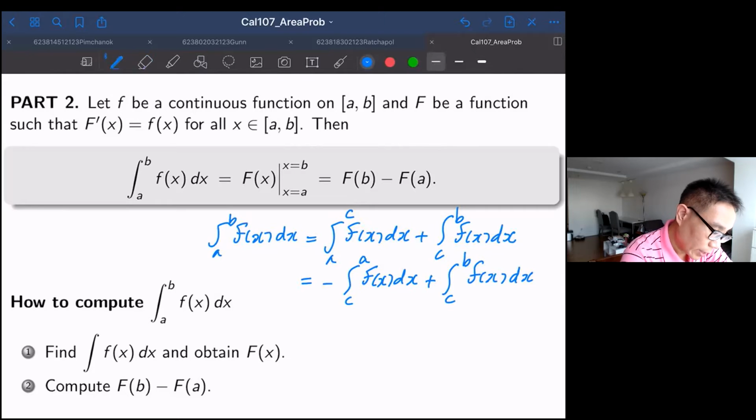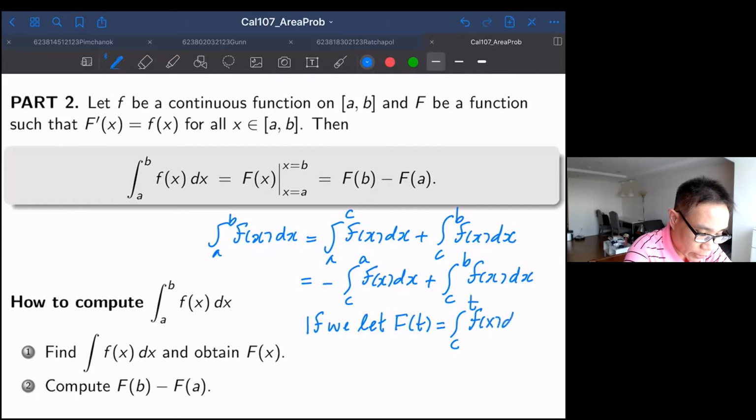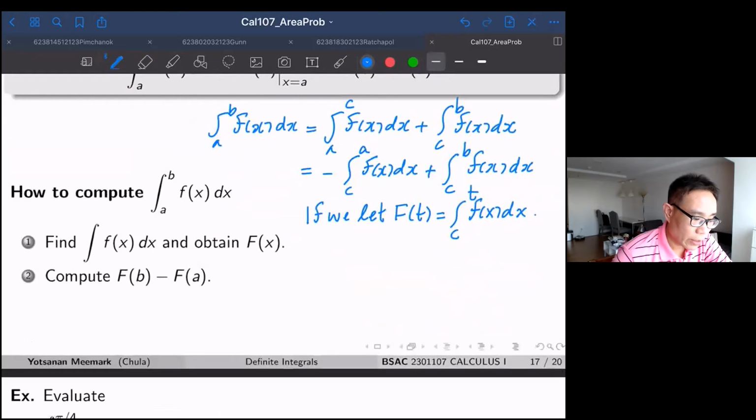However, if we let the capital F t equal the integral from c to t of f x dx, then when you differentiate, F prime t equals what?